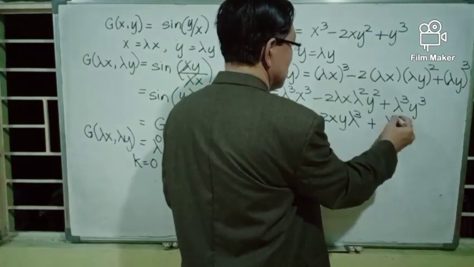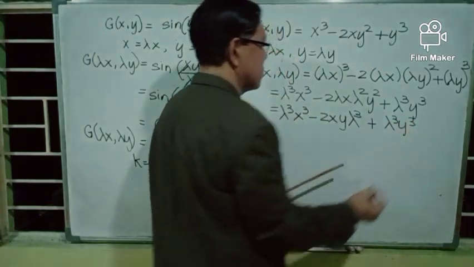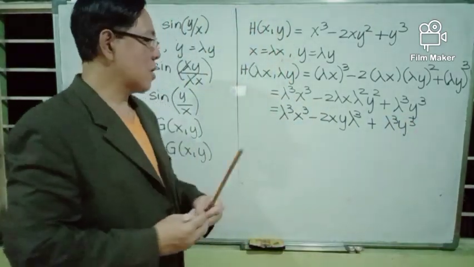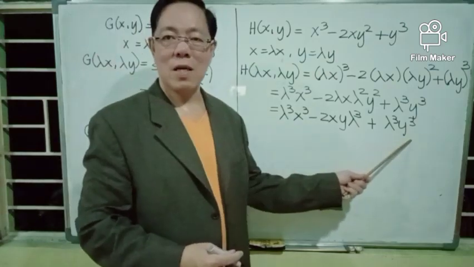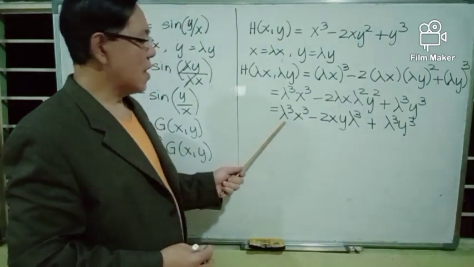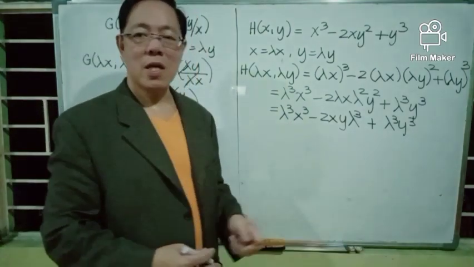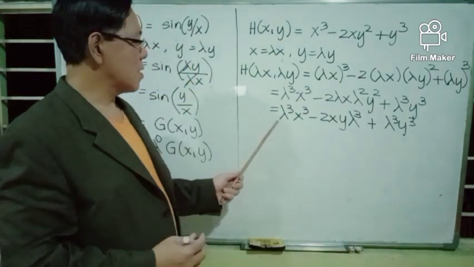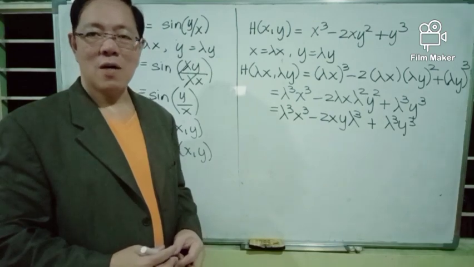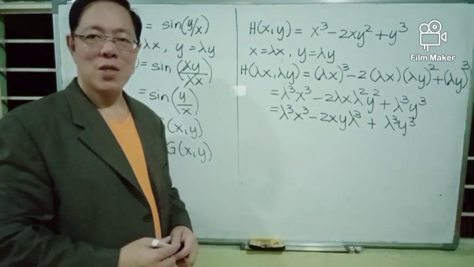Plus lambda cube y cube. By inspection of the trinomial at the right hand side, the common factor is lambda cube. Each term of the trinomial has lambda cube. So we factor out the common factor lambda cube.